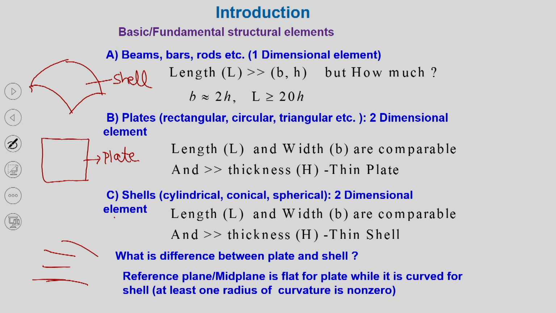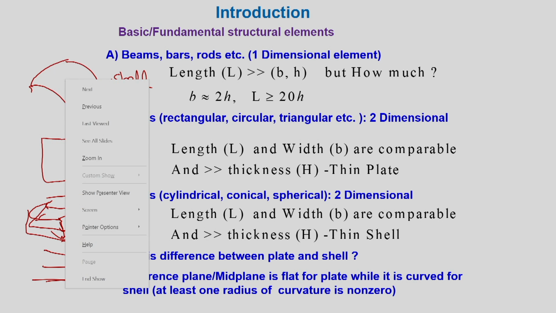I have used the term middle surface. Generally, we define a body or a component like that, say a middle surface, and at a thickness of h by 2, if we add another plane similarly like this, so this will make the complete plate. So, this surface defines the geometry of the plate. If this is flat, then it will be treated as a plate. If this has some curvature, then this will be treated as a shell.